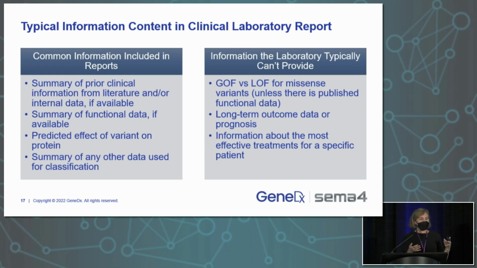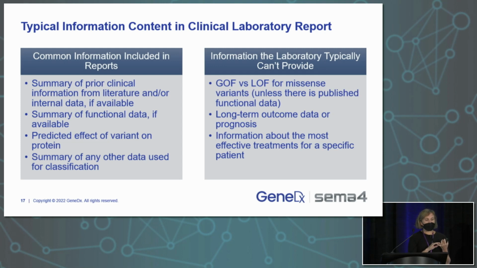With all of that, I just wanted to end with a quick summary of the kinds of information that can be included in laboratory reports. Generally, there should be a summary of clinical information from the literature or from our internal data, if that's available. If there's published functional data, including a brief summary of the functional data, and with all of these, references to the actual publications for anyone who wants to review in more detail.